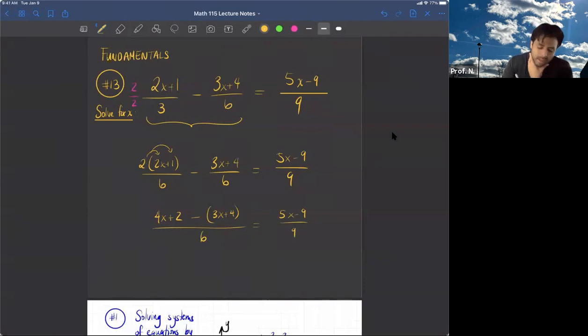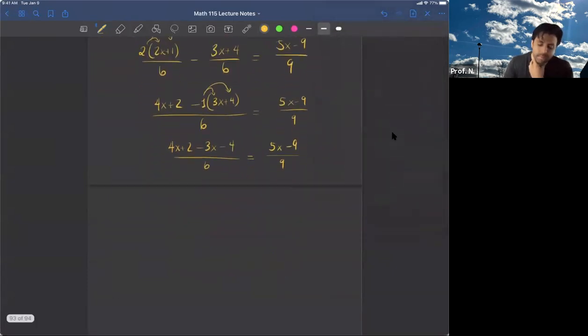Then I distribute the negative 1 and get 4x plus 2 minus 3x minus 4 all over 6, equals (5x minus 9) over 9. Then I can combine like terms: 4x minus 3x is x, and 2 minus 4 is negative 2, so x minus 2 over 6 equals (5x minus 9) over 9.